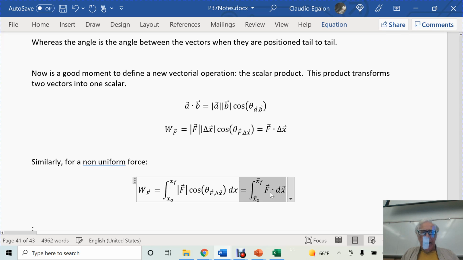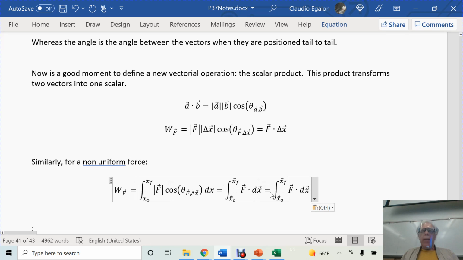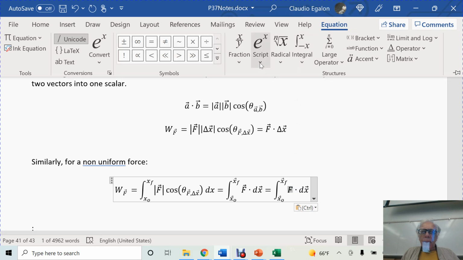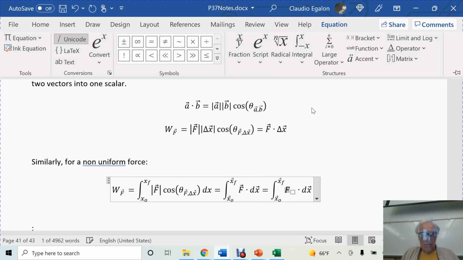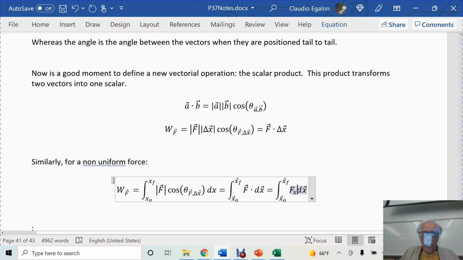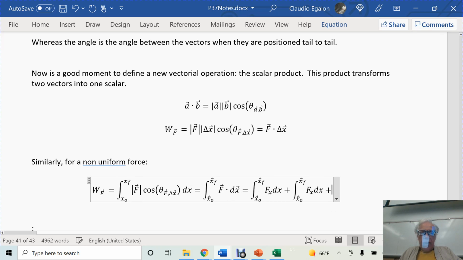Which, by the way, can be broken down into three integrals, the integrals of three components. Okay, so fx dx, plus fy dy plus fz dz.